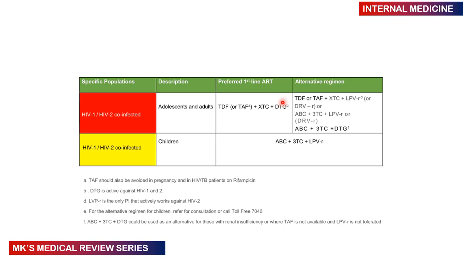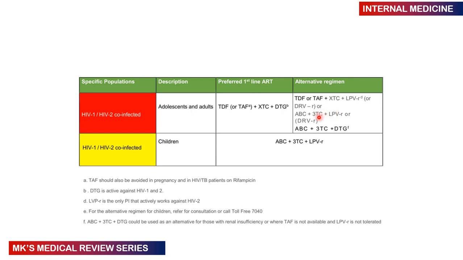Some alternative regimens are your TDF or TAF, XTC plus a boosted lopinavir. Now, remember that ritonavir-boosted lopinavir is actually the only protease inhibitor that works against HIV type 2. Or you can use your boosted darunavir. Then, of course, we can substitute with ABC, 3TC, and boosted lopinavir or boosted darunavir.